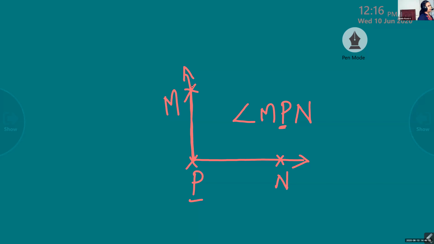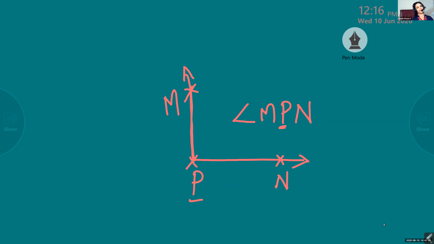PM. What is that PM called, Richard? P is called vertex. And what is PM called? That is a ray. We have learned some names for this ray. What's that, Brighton?